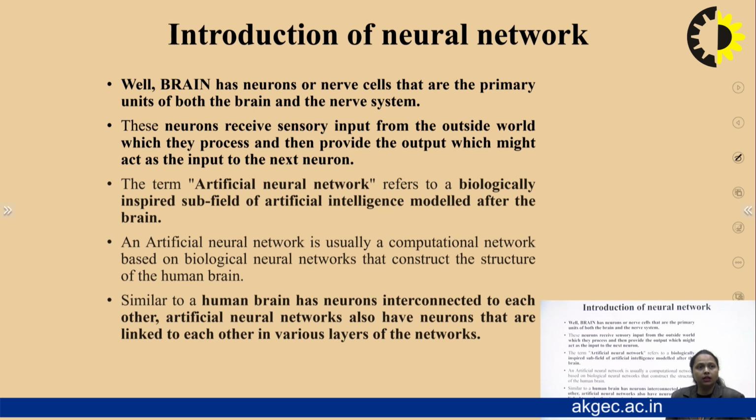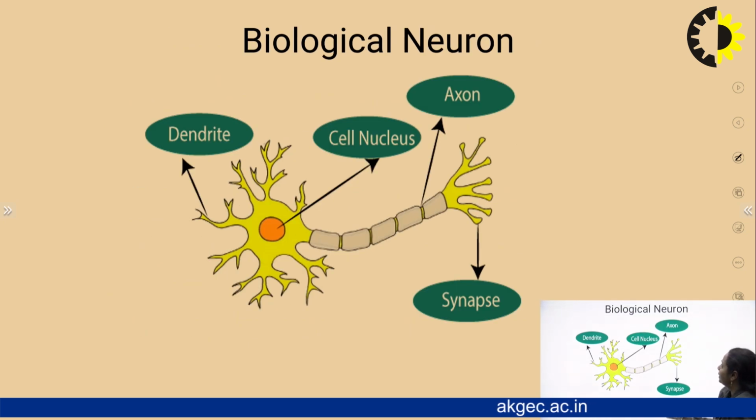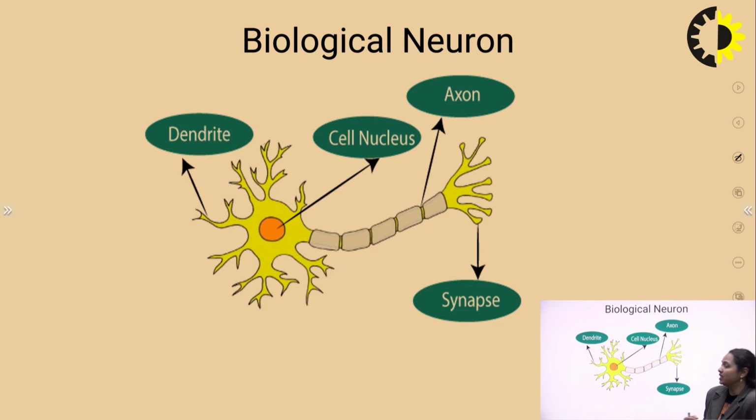For example, this is the diagram or structure of the biological neuron. In a biological neuron, you have dendrite, cell nucleus, axon and synapse. These are the various biological terms associated with a human neuron, the neuron which is alive and present in our body.